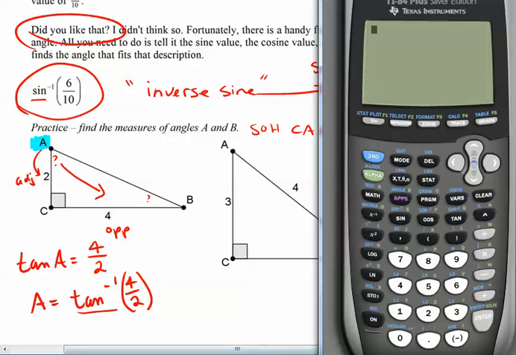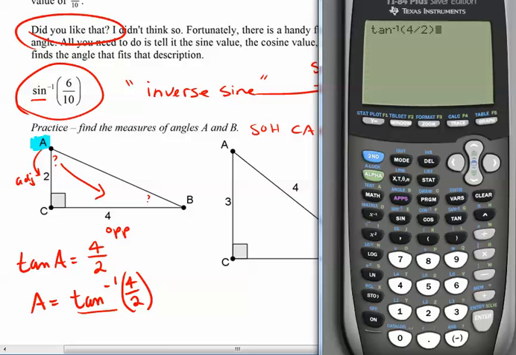Now if you bring up your calculator, we've got inverse tangent. So I need to press second tangent of 4 divided by 2.